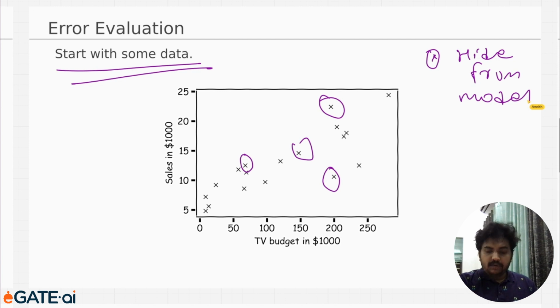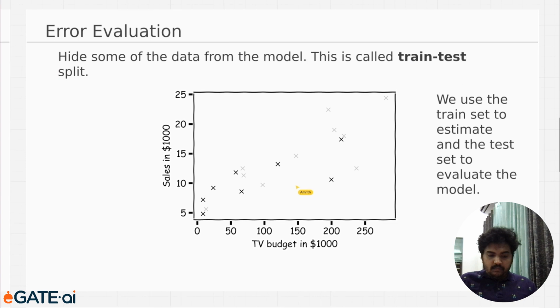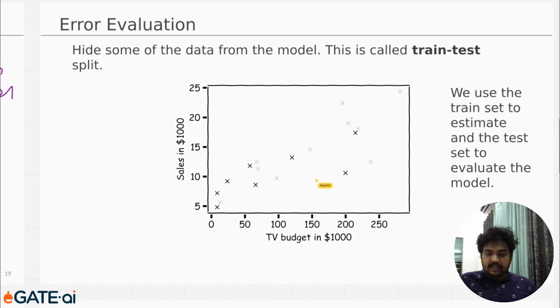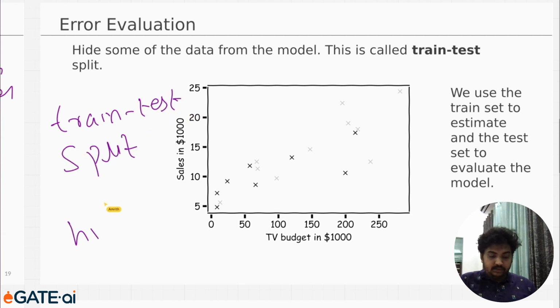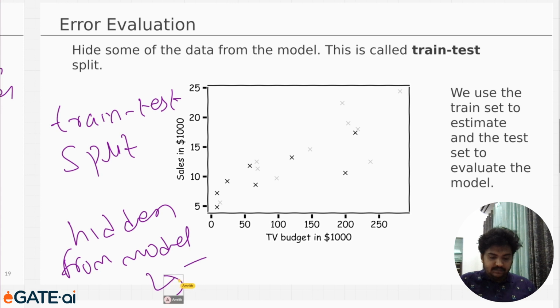So we are talking about what we call as the train test split. What is hidden from the model is what we call as test, which is used for evaluation.